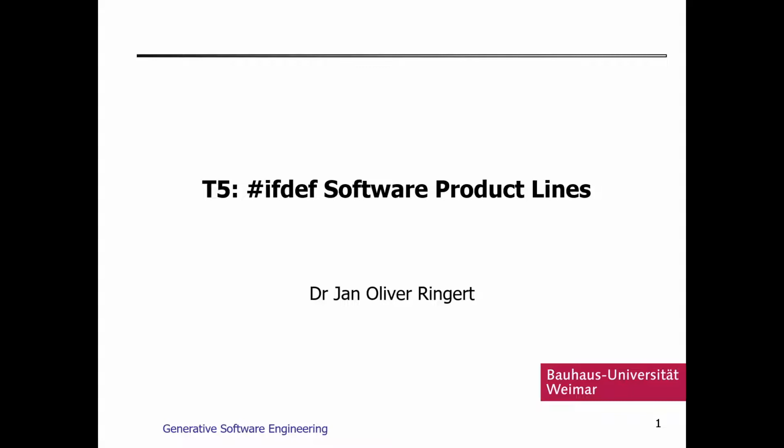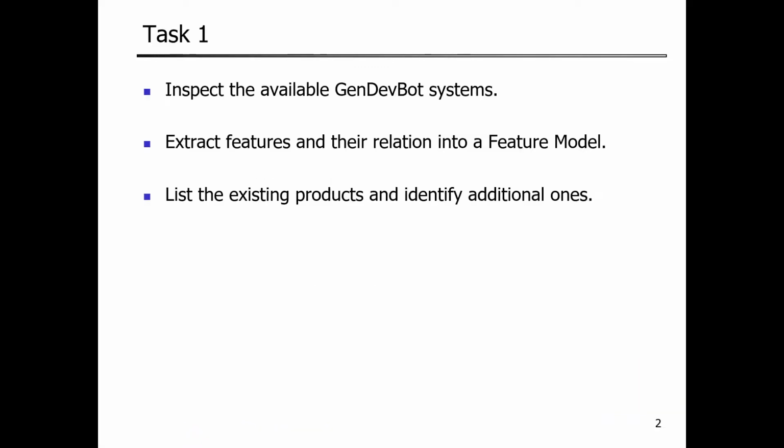But here in industry, the most common one is using if-defs. And we will have a look at an example where it makes sense to go from individual software products that we maintain to a software product line.